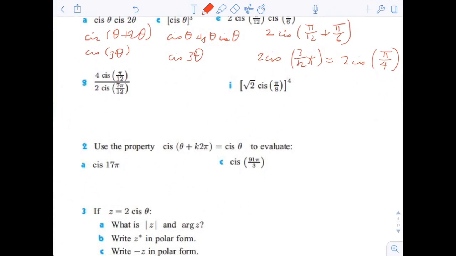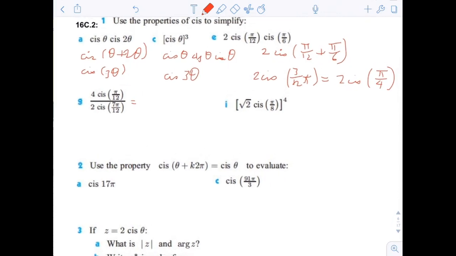What about 4 cis pi over 12 divided by 2 cis 7/12 pi? Here it was pretty easy to see that we just multiplied those together and multiplied by 2 at the end. In this case, can you see that we could just multiply by 4 over 2, which is 2, and then do the cis operation on cis pi over 12 divided by cis 7/12 pi, which would be pi over 12 minus 7/12 pi.